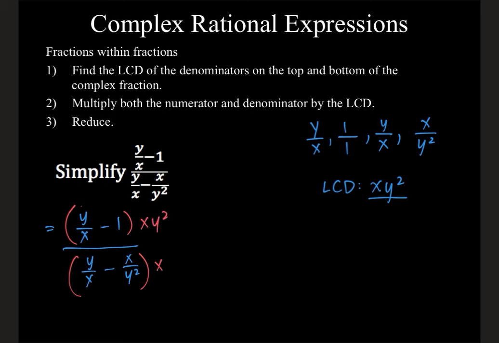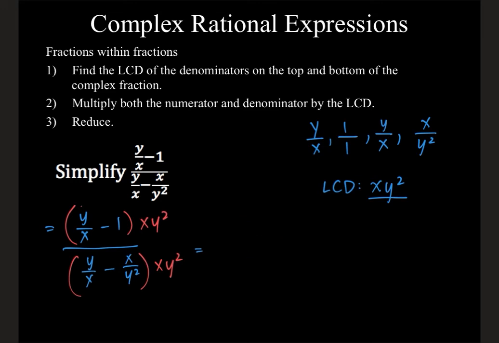And what this is going to do is actually cancel out all the fractions on the inside, and then we're just going to have one fraction bar, which will make it a lot easier for us. And for this one, I'll multiply that in. So y times xy² over x, right? So we multiply that. I'm going to go straight into multiplying them, actually.